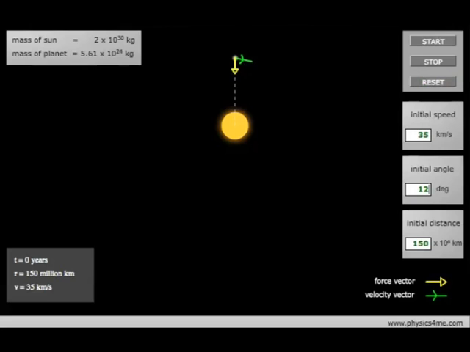And if we change the angle to 50 degrees, it gives an orbit that looks like that of a comet. All these orbits are calculated using Newton's law of gravitation together with Newton's second law of motion, F equals ma. This illustrates the predictive power of Newton's law of universal gravitation.